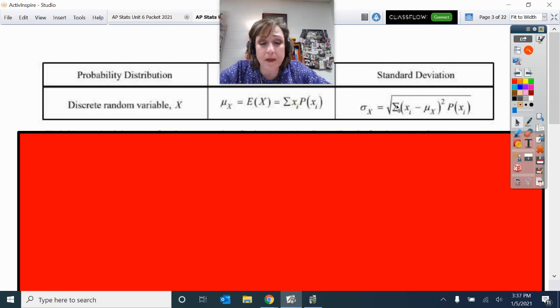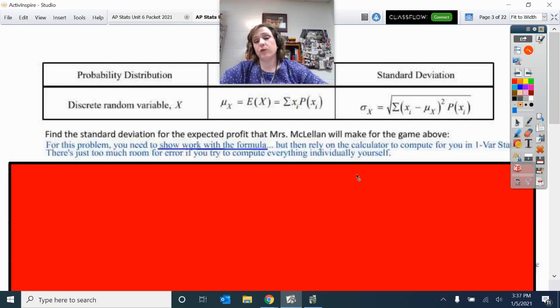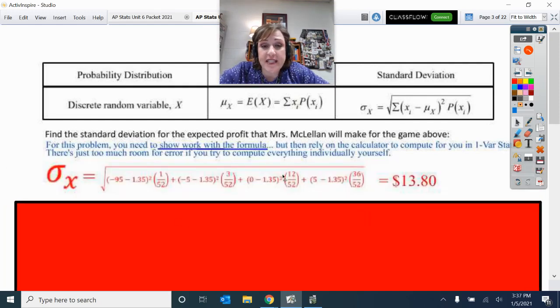Sum all that up, and that gives you the average distance from the mean, but it was squared, so we want to then unsquare it to get just the distance itself, not the squared distance. So that's the formula. In these terms, you have to, again, show work with the formula. So here's how that looks. It's very scary looking, but do remember that, well, I'm going to tell you this.